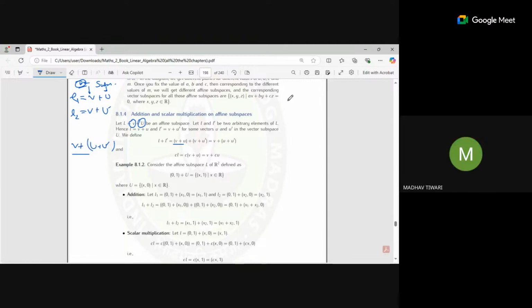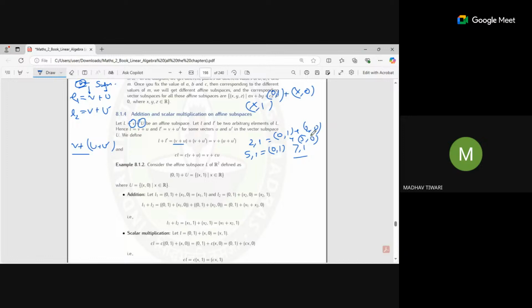Yes. Suppose your affine subspace looks like this: x comma 1. From here you can see it consists of all x comma 0, and you have 0 comma 1 as your translatory vector. If you want to add 2 comma 1 and 5 comma 1, you write 2 comma 1 as 0 comma 1 plus 2 comma 0, and 5 comma 1 as 0 comma 1 plus 5 comma 0.